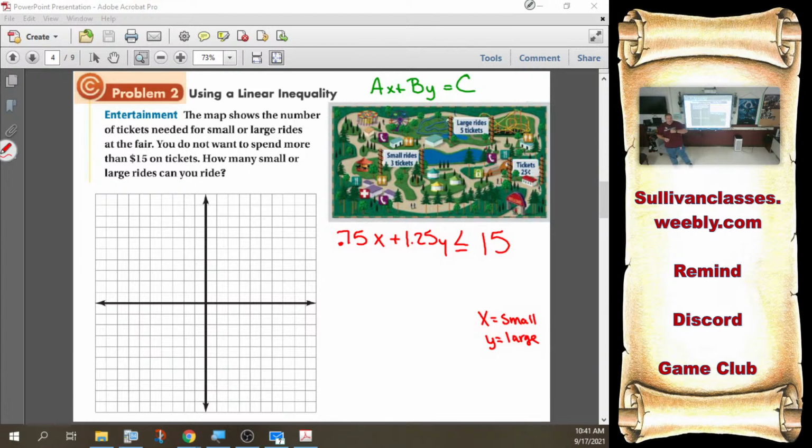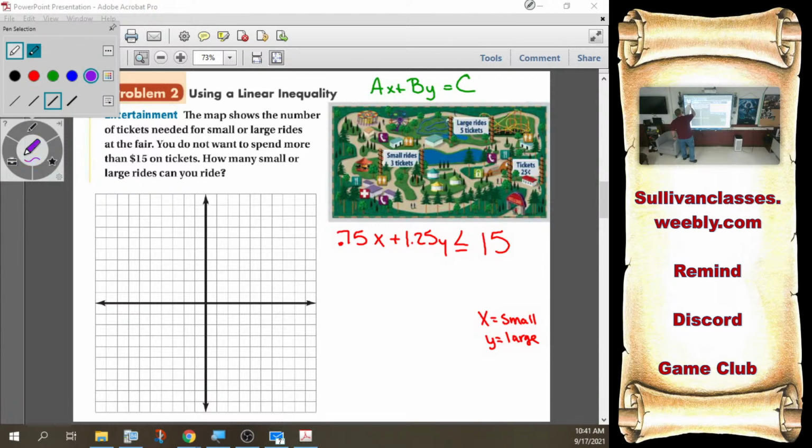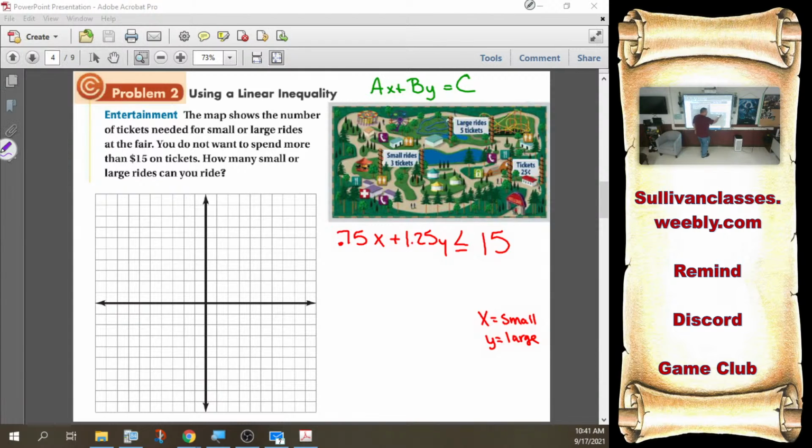Now, we said we didn't want to spend more than $15. Jaden's saying, could we come over to that ticket booth right away at the beginning, cash in $15 for how many tickets? Could I do that and then say 3x plus 5y?